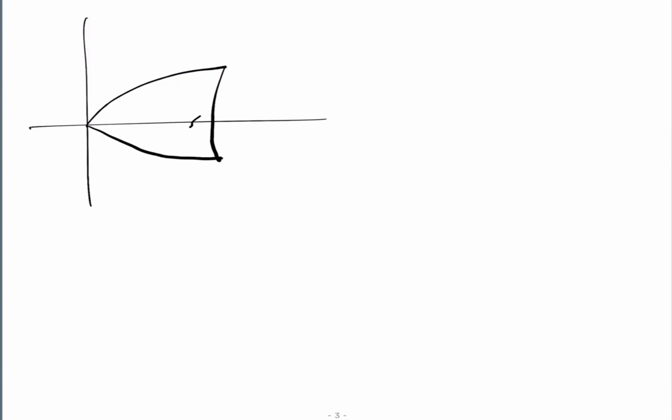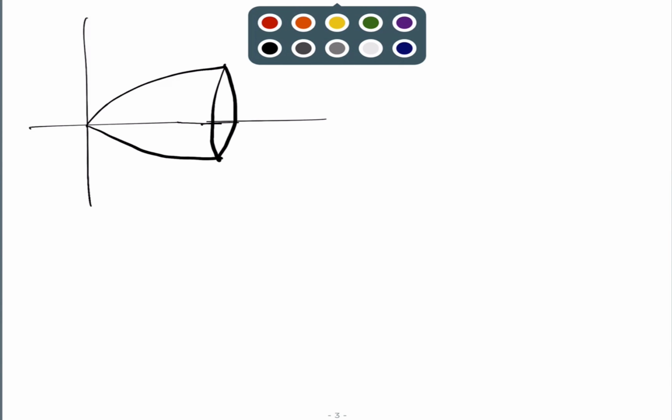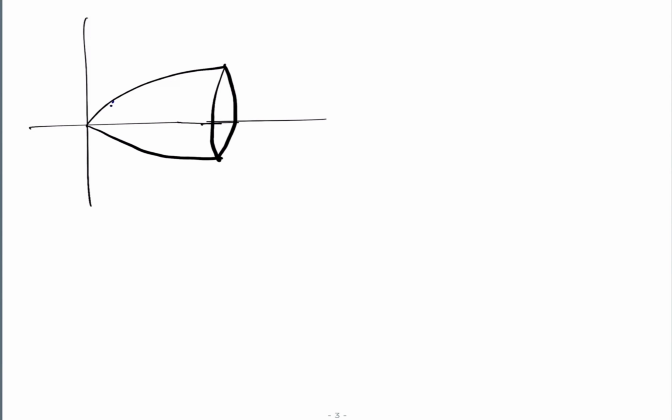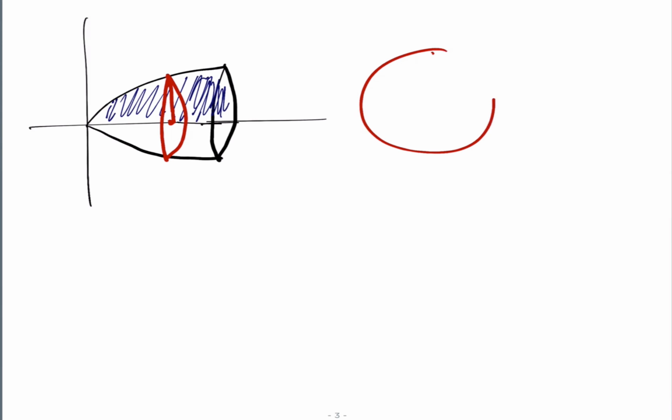So this is the region, and you rotate it, and then this is your picture. A really important piece is that the cross section is a circle. What I like to do is take the cross section and draw it as if I was looking straight at it. You can go back and forth between the picture and the cross section to make sure that you have the right quantities.